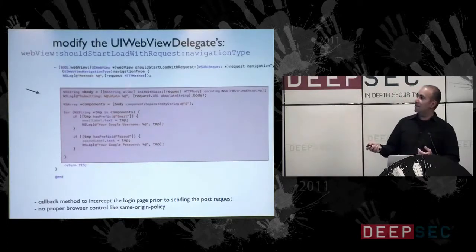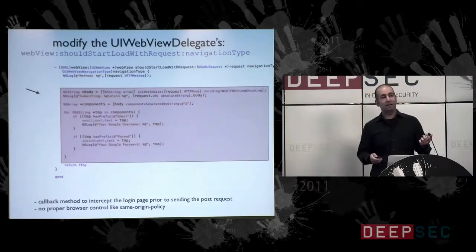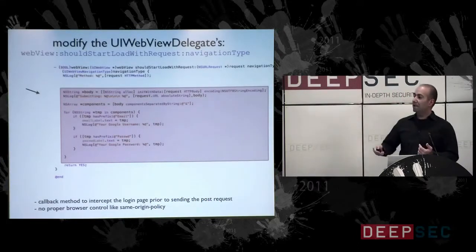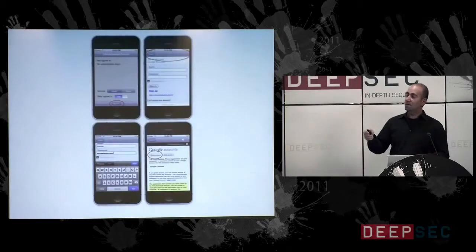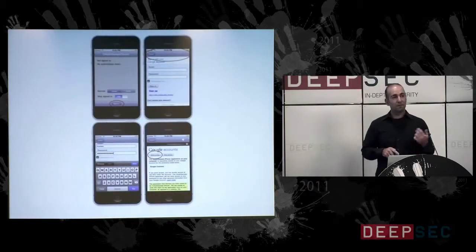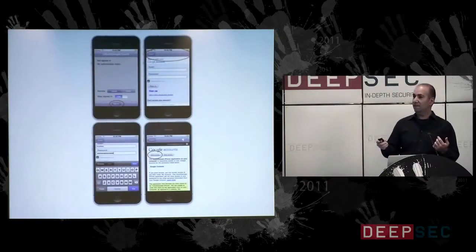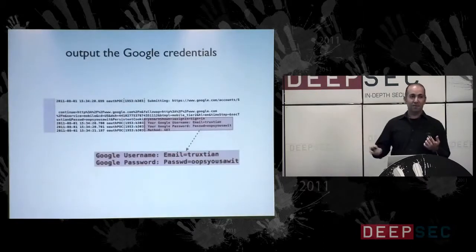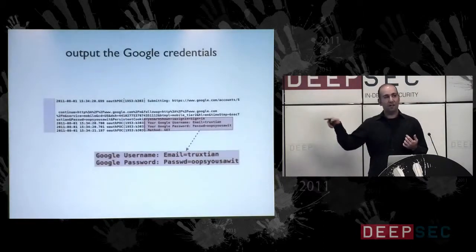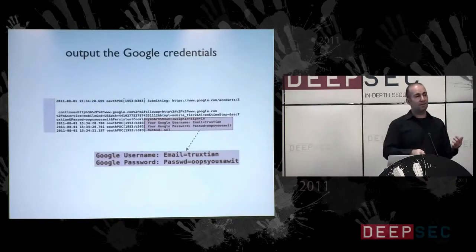As you can see, we are grabbing the HTTP body, assigning it to a string, then creating an array of strings and iterating through it, and based on the prefixes, email and password, we're just grabbing those and logging them. And that's how easy it is. While we're doing this, the user is going through a typical OAuth flow on the mobile device, not realizing that in the background we're capturing the username and password. Here we're just logging it, but we could just as easily send it to an external server.